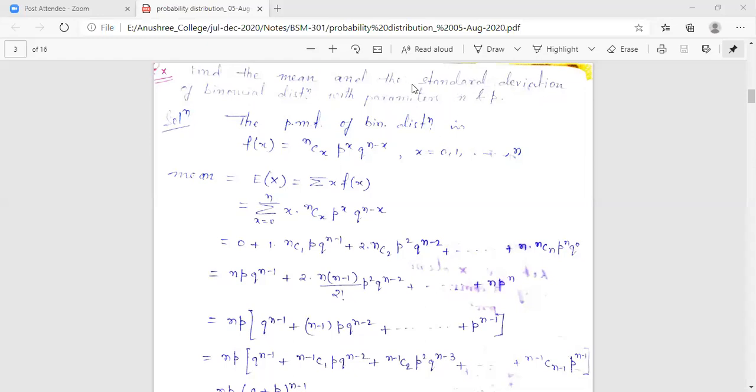Standard deviation means we actually find the variance, since standard deviation is nothing but the square root of variance. So let us start. Now I am sharing the whiteboard where we will find the mean and variance for the random variable following the binomial distribution.